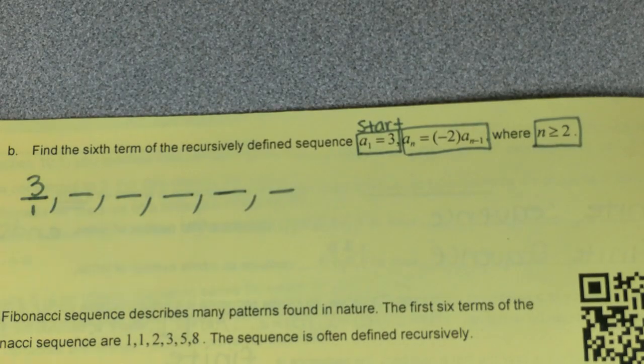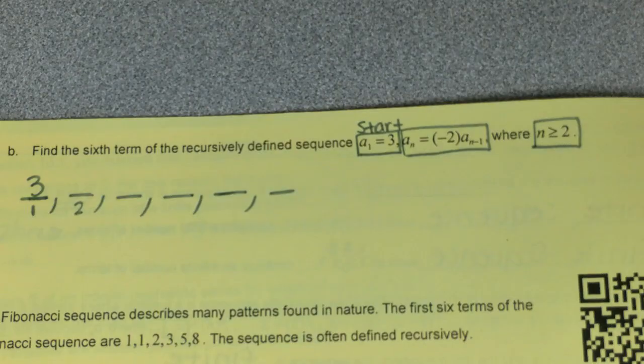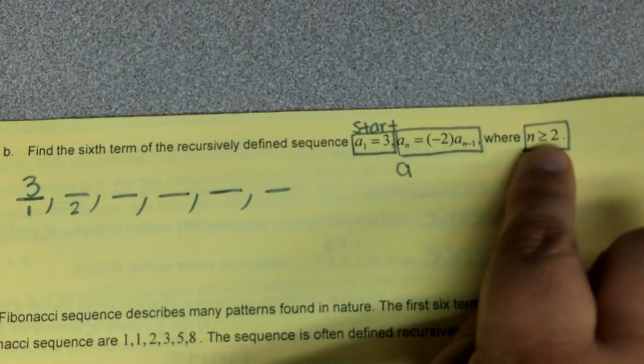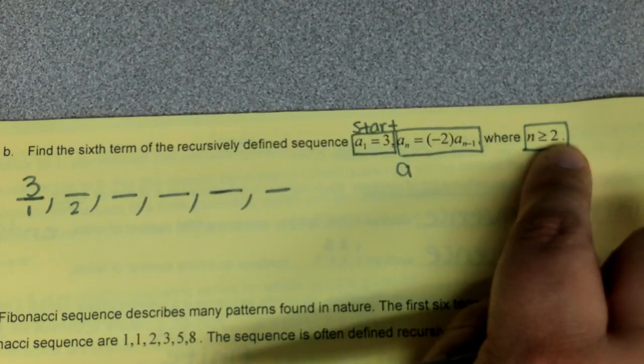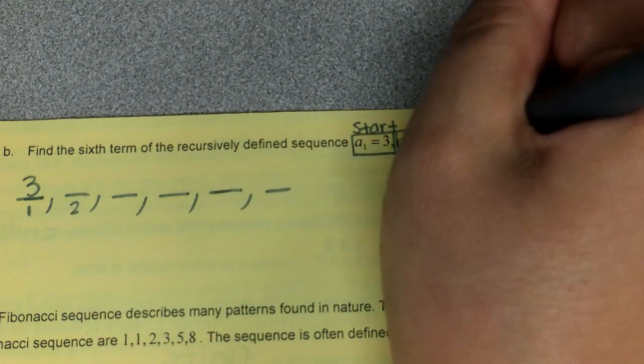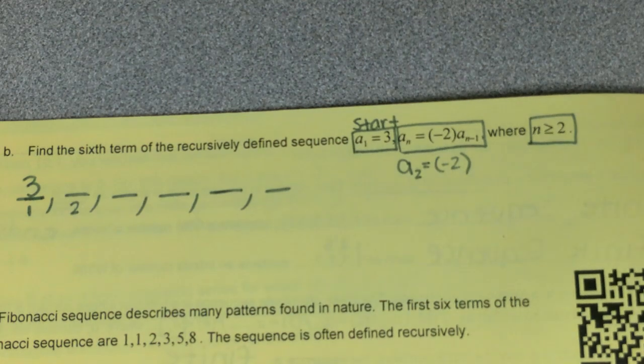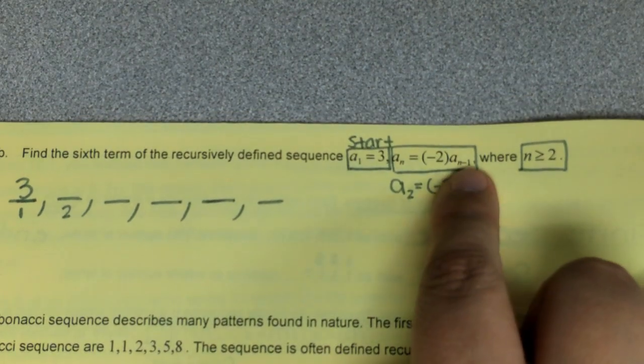How do we find the next term? How do I find that second term? This probably tells me what to do next. So I need to find the second term, A of 2. Do y'all see how that says A of n minus 1?